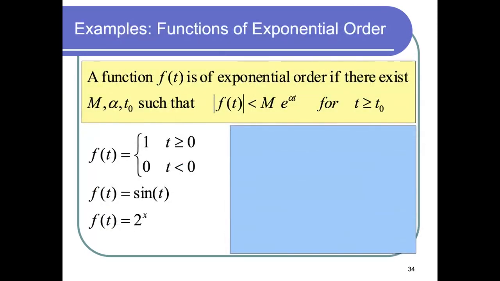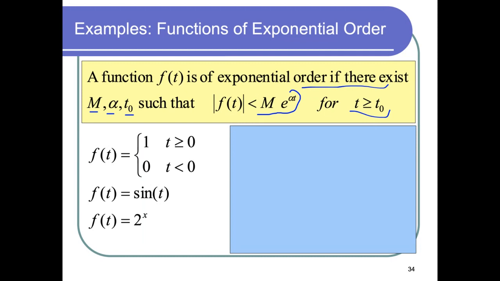So we call a function f of exponential order if there exist M, alpha, and t naught such that the magnitude of this function is less than M e to the power of alpha t for t greater than t naught. So if you cannot find these parameters, it does not mean it's not of exponential order, because maybe you were not able to do it, and there is, let's say, a trick or a way to find them that you were not able to find.